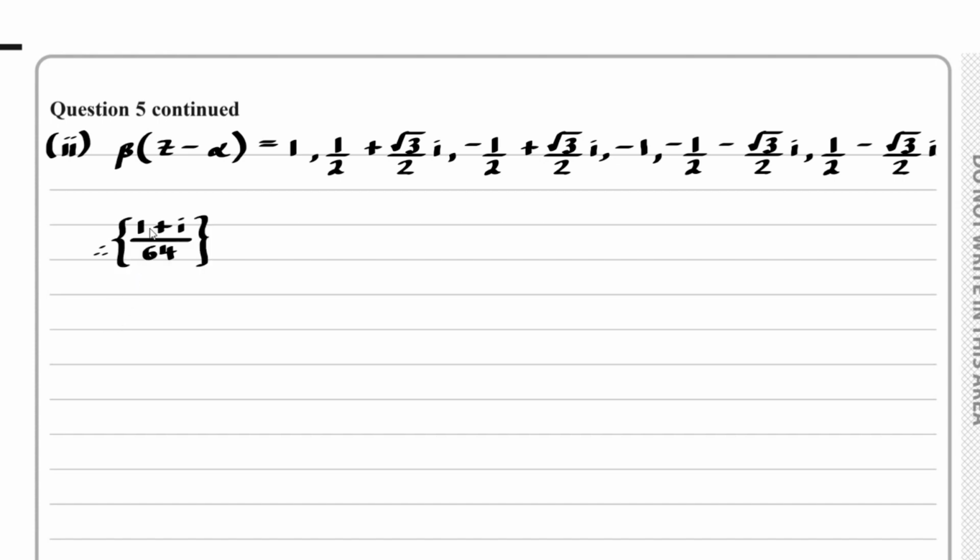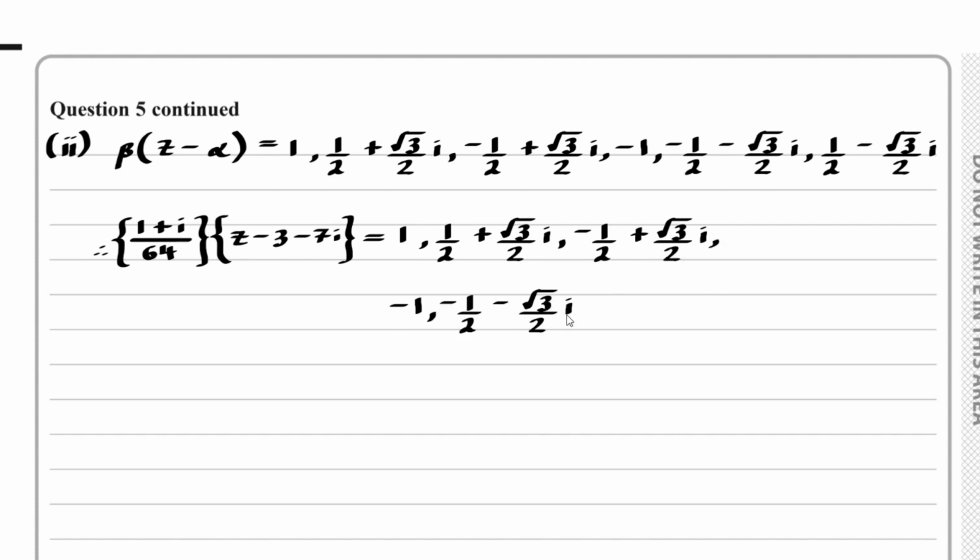So we have beta, which is 1 plus i over 64, multiplied by z, subtract alpha, so we subtract 3 subtract 7i, and that's equal to these 6 roots. What we need to do is rearrange for z in each of these equations. So we've got 6 equations which we need to solve.